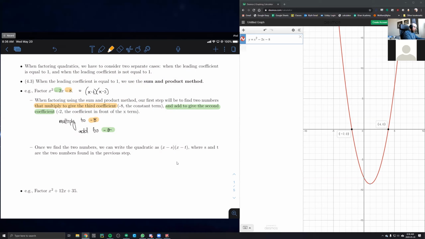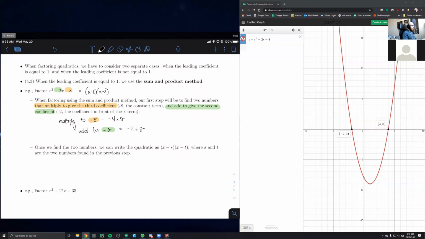So in this case, -8 is equal to -4 times 2, and adds to give -2, so that's -4 plus 2, right? So we can see -4 and +2, it works out, right? Both of those seem like they satisfy those two criteria there, okay?